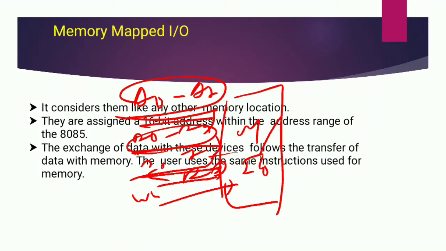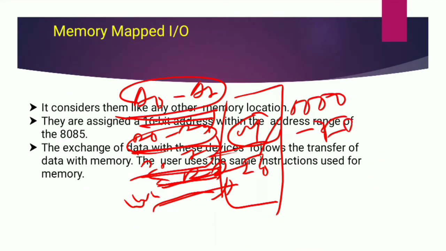If the microprocessor wants to read data from the memory, it generates the RD bar signal. If it wants to write into the memory, it generates a WR signal. Address locations range from 0000 to FFFFH. This is the memory mapped I/O scheme diagram.